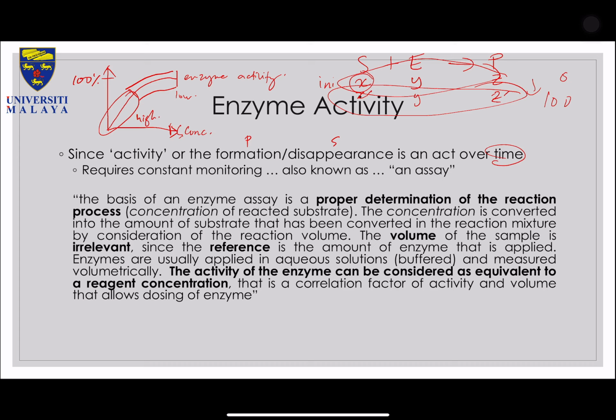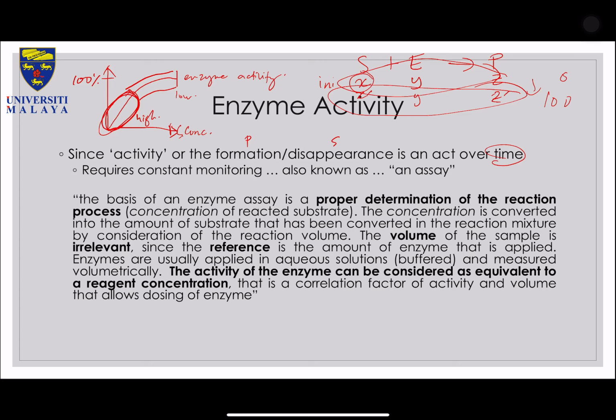Some people might use a different enzyme concentration, some people might use a different substrate. So there are too many variations. Therefore, what scientists normally do is look at this initial phase, whereby the activity and the concentration are, what's the word, not parallel, they are influencing one another.